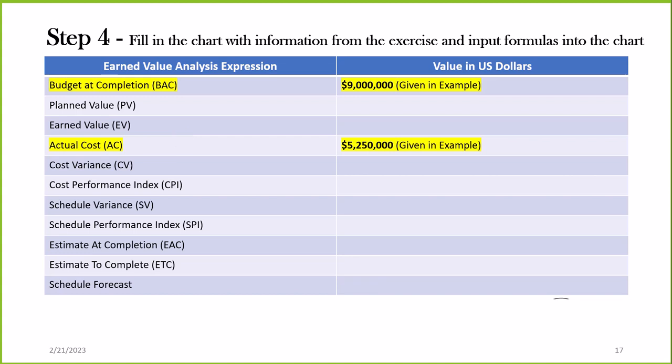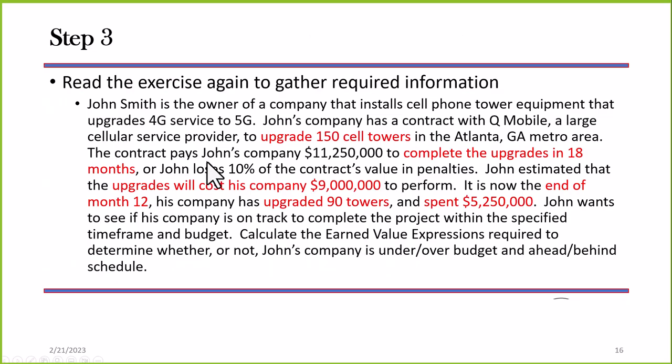So if I go back to the previous slide and look at it, I left out a number here, $11.25 million. Why did I leave that out? That's what I get paid for it. That's not my cost. So my cost subtracted from the $11.25 million would give me the amount of profit that I'm going to make on this particular project.